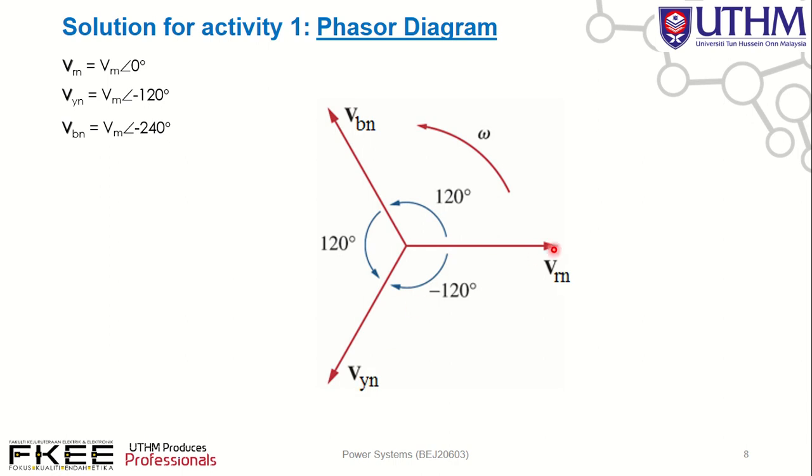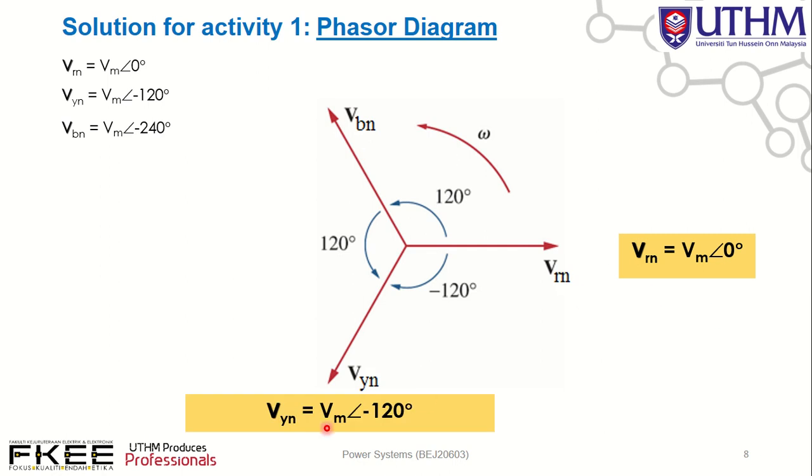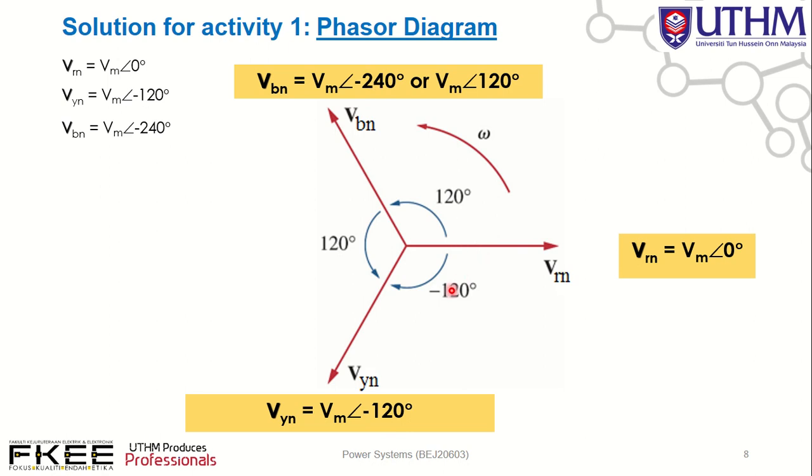In this case, we can say that VBN leads VRN by 120 degrees. So this is VRN, this is VYN at minus 120 degrees, and this is VBN at angle minus 240: minus 120 and another minus 120, equal to minus 240 degrees.